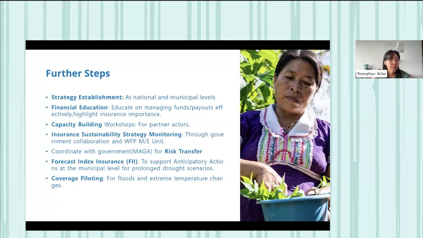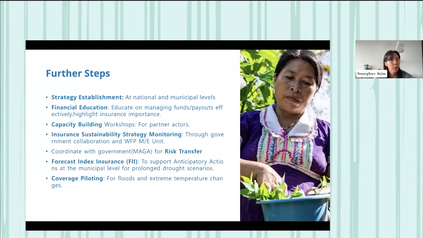Moving on to insurance sustainability strategy monitoring. Yeah, so we need to coordinate with our monitoring and evaluation unit to review surveys and feedback to ensure the effectiveness of the indemnity payments and make necessary adjustments for future distributions.